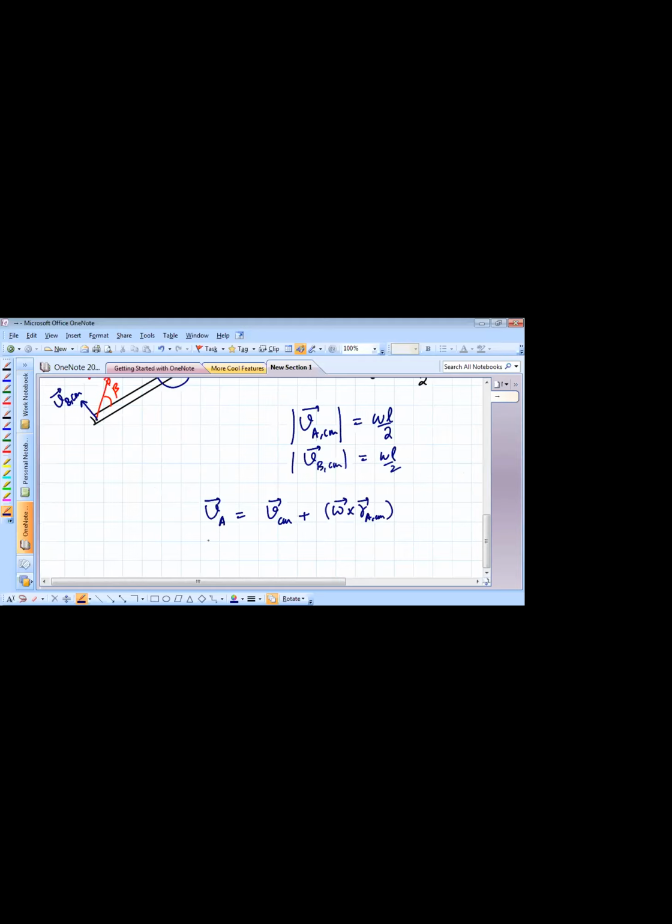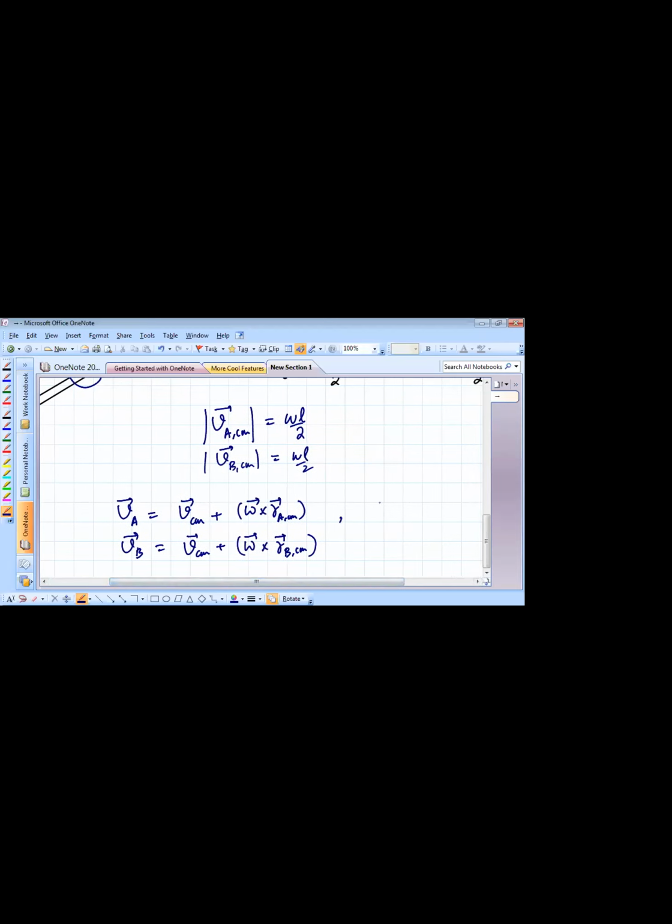And velocity of B in ground frame becomes VCM plus omega cross R of B with respect to center of mass. Now you can see in my diagram, I've taken the x-axis along the center of mass. So here R of A with respect to center of mass in my particular diagram will become plus L by 2 i cap. And here R of B with respect to center of mass will be minus L by 2 i cap.